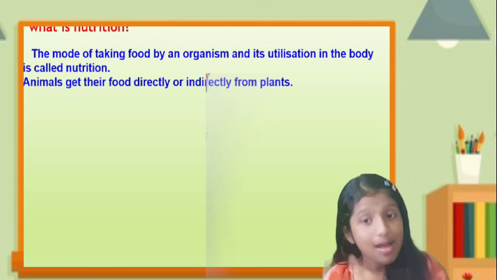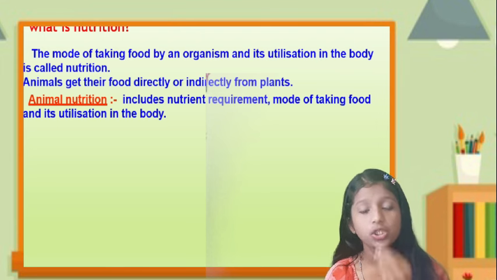Now we will learn about animal nutrition. I told you what nutrition is commonly, right? Now we will learn what animal nutrition is. It includes nutrient requirement, mode of taking food, and its utilization in the body.